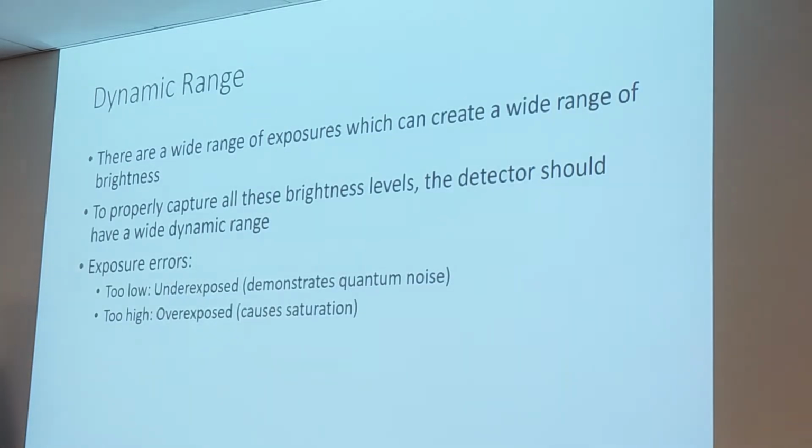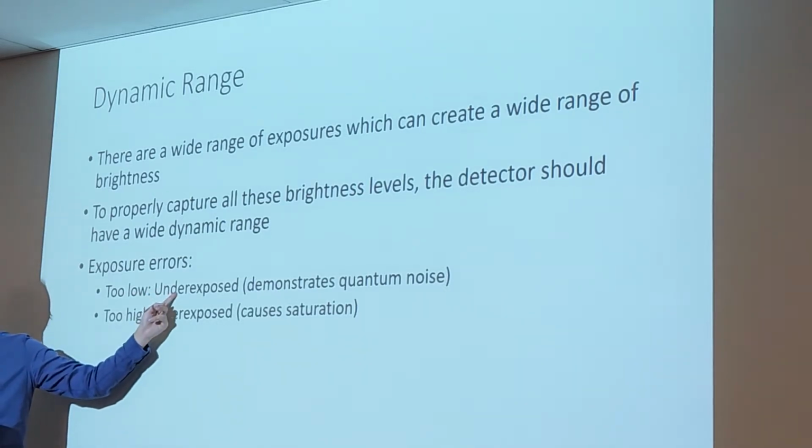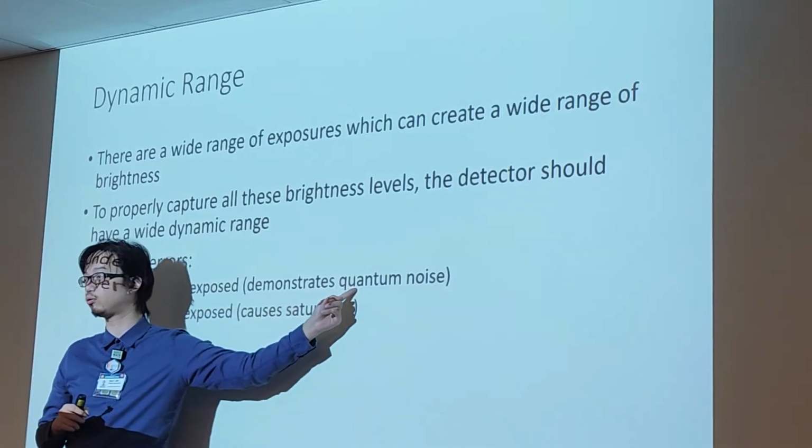Now, here we have quantum noise or quantum mottle. This is an artifact which shows up if you do not have enough X-rays. And we'll talk about this in a slide further down the line. So quantum noise is associated with underexposure. If you have it underexposed, you are likely to see quantum noise.